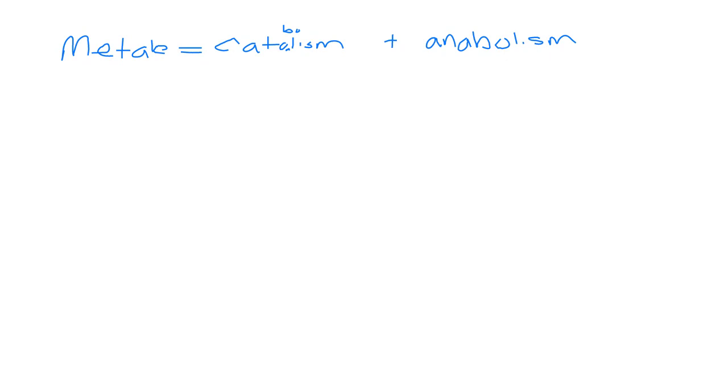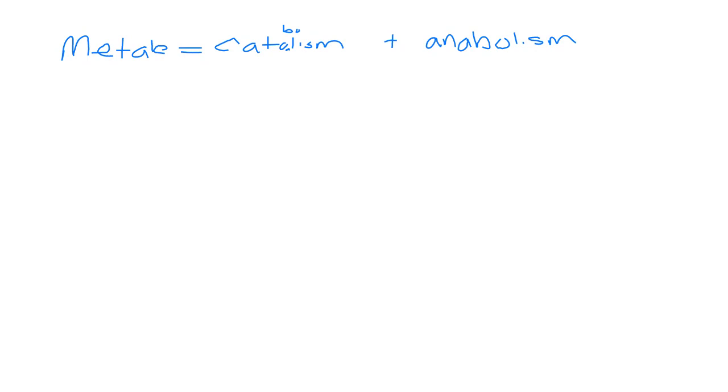On the other hand, anabolism or anabolic reactions are when the cell is building things. So when smaller molecules, like two amino acids, are being joined together to build a protein, that's an anabolic reaction. And those reactions require energy, right? Imagine that you want to build a house.